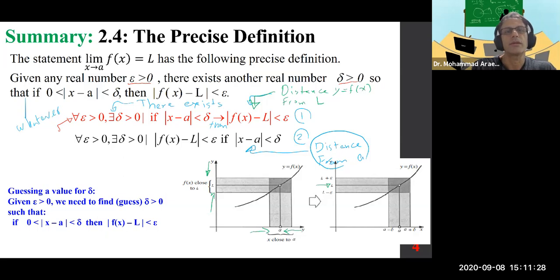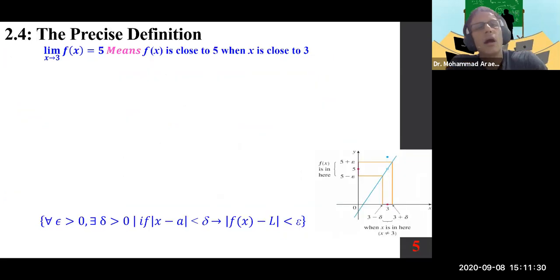All right, now, so that was the synopsis of that. Let's just repeat that, and I want you to pay attention to the graph and to the top. It says the limit of f of x as x approaches 3 equals 5. What does it mean? It means f of x is close to 5 when x is close to 3. That's simple. This is the best definition one can think of.